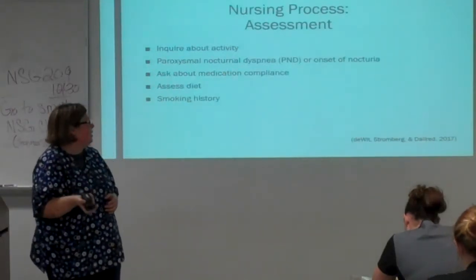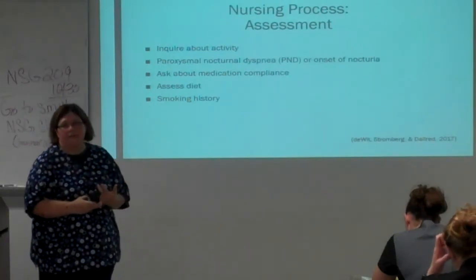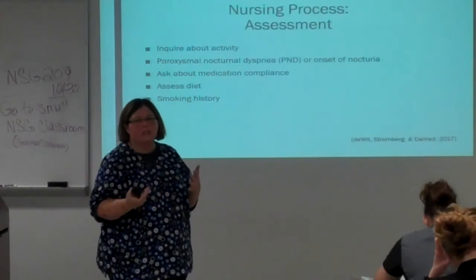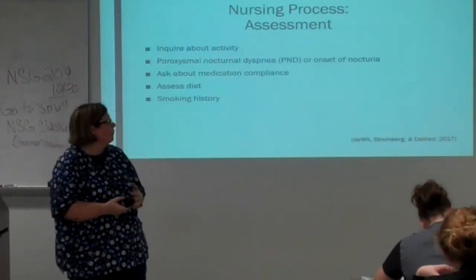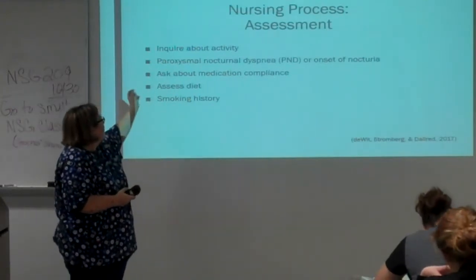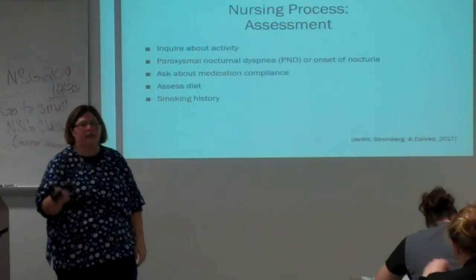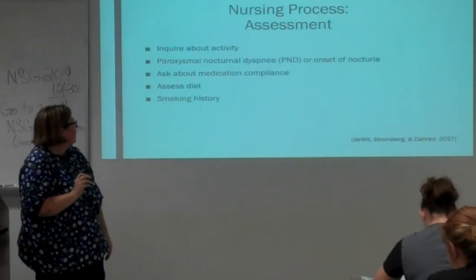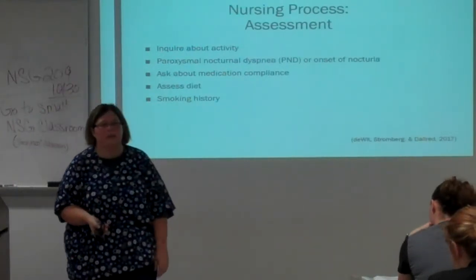Okay, so continue with the assessment. You're going to inquire about their activity level. Are they able to maintain a normal activity level? Are they having to do a lot of resting in between because they get very short of breath or dyspneic? Paroxysmal nocturnal dyspnea is when they have to get up in the middle of the night. And then ask about their medication compliance. Are they taking their medications the way they should?